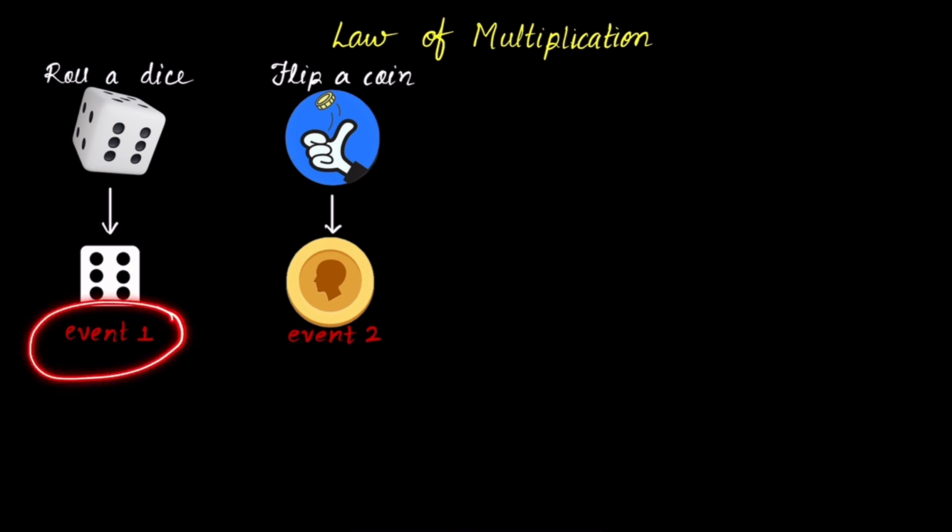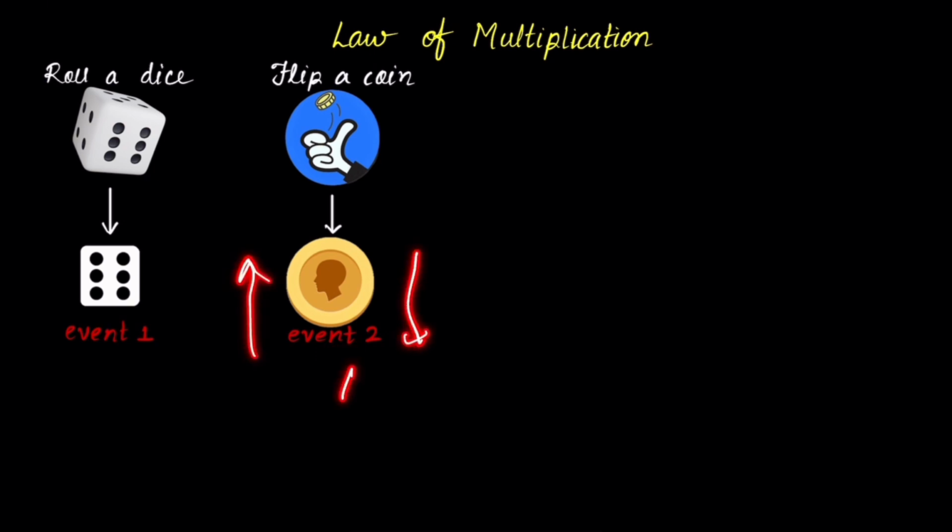That is, the occurrence of event 1 does not increase or decrease the probability of event 2. That is, upon rolling the dice, if you get a 6, this does not increase or decrease the probability of getting heads. It does not increase or decrease the probability of getting tails.